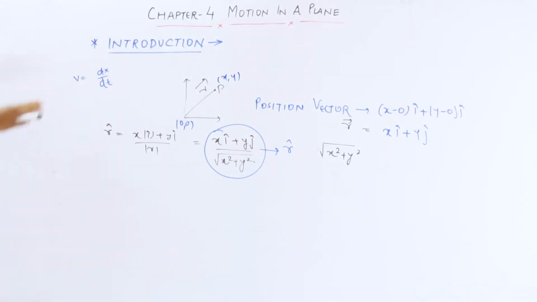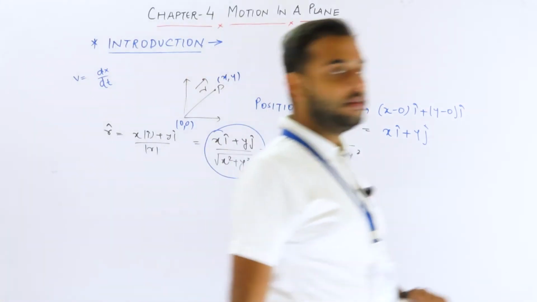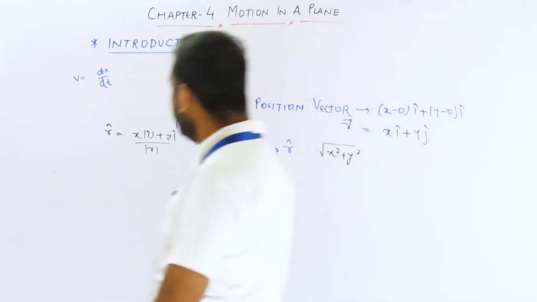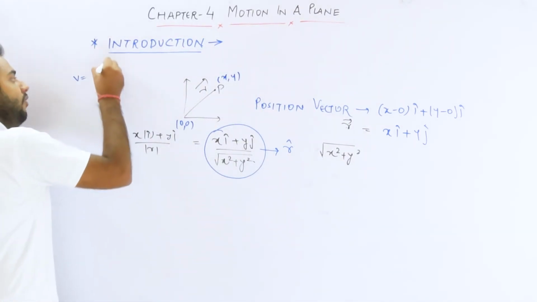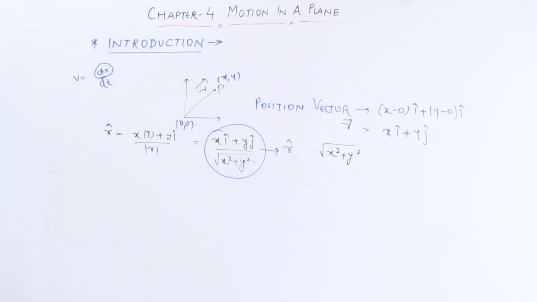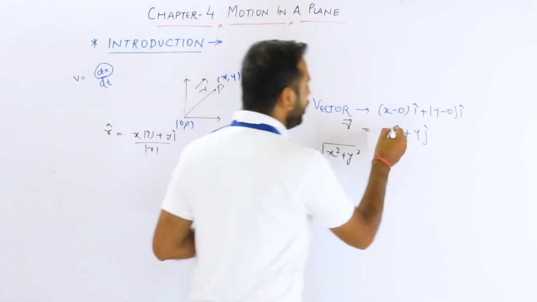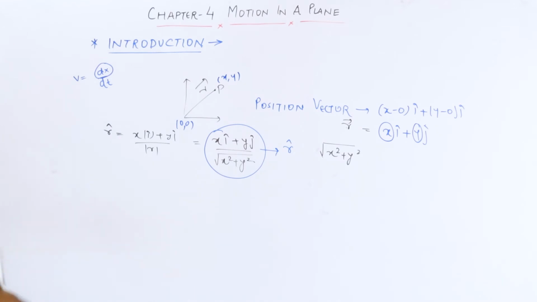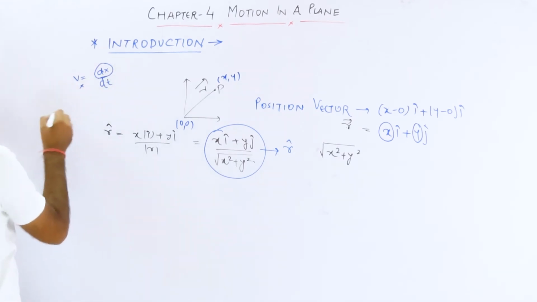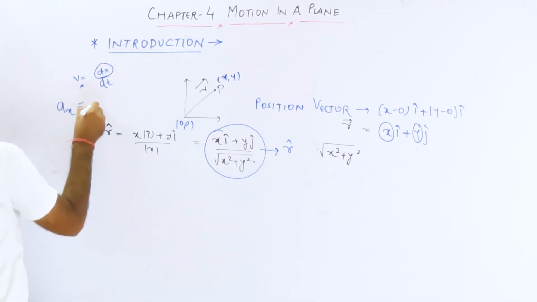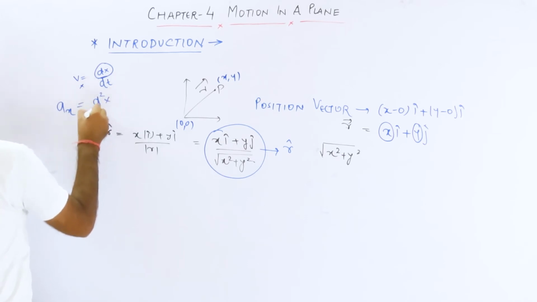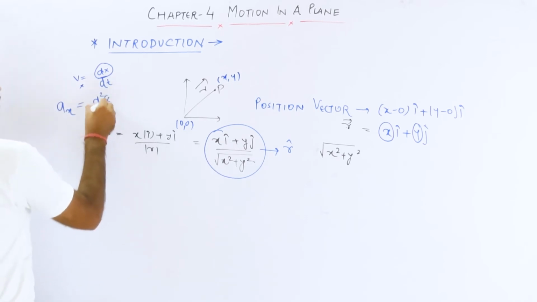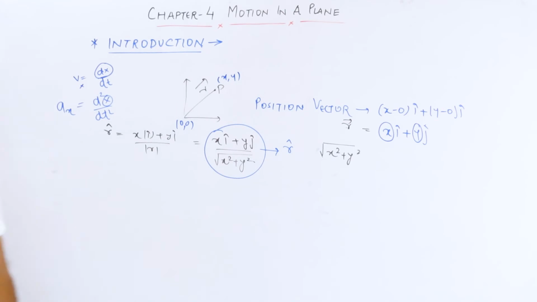See, this is our velocity in motion in a straight line, isn't it? Because in motion in a straight line, only one variable is changing, x, whereas here we have two variables, x and y. That's why it is motion in a plane. And how did I define acceleration there? d2x divided by dt square, because only the x dimension is changing.